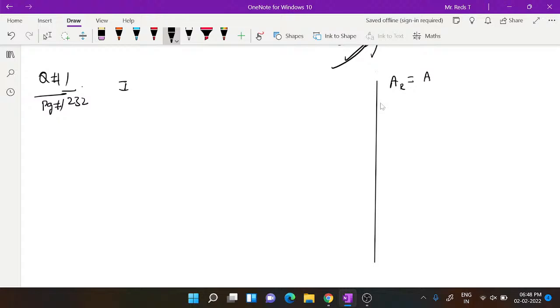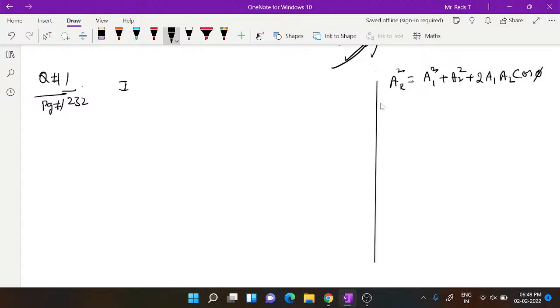Otherwise, if you take the square only, AR squared is equal to A1 squared plus A2 squared plus 2 A1 A2 cos phi, or cos theta, whatever it is. Here phi is the phase difference between the two waves, and A1 is the amplitude of the first wave and A2 the amplitude of the second interfering wave.